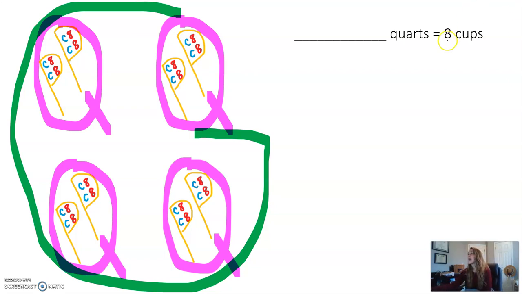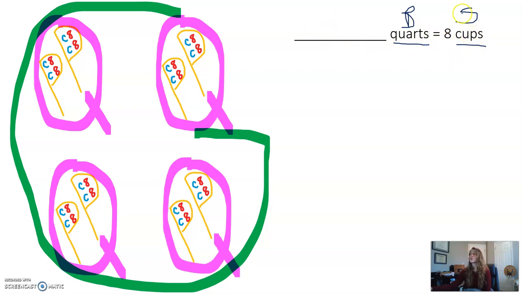All right, now we're looking at quarts and cups, but look, our equation is written backwards. Don't let it confuse you. Quarts, the Q is much bigger than the C, so this is our big and this is our small. But be careful. We know the 8 cups.